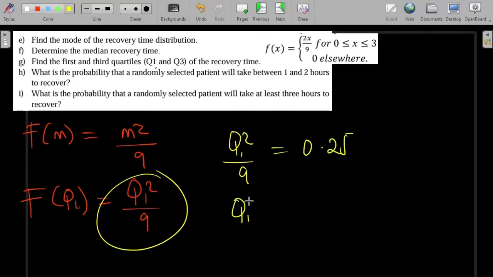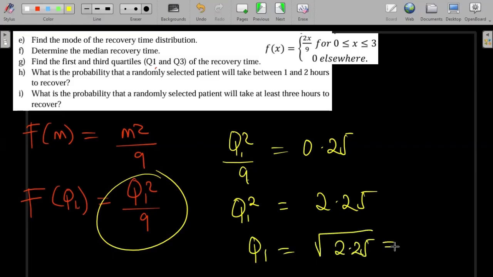So Q1 squared is equal to 9 multiplied by 0.25. On the calculator, 9 multiplied by 0.25 gives me 2.25. Then from there we take the square root, so Q1 will be the square root of 2.25.